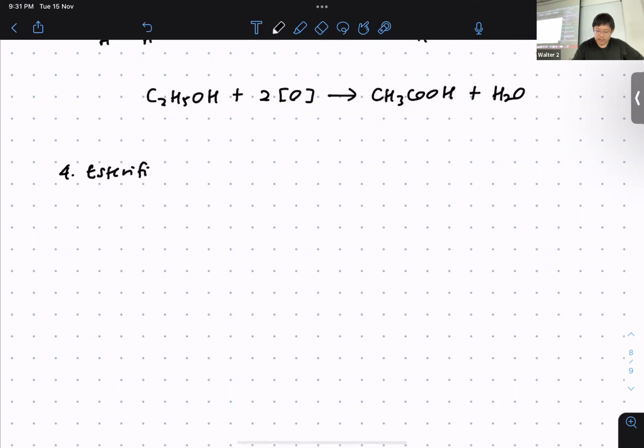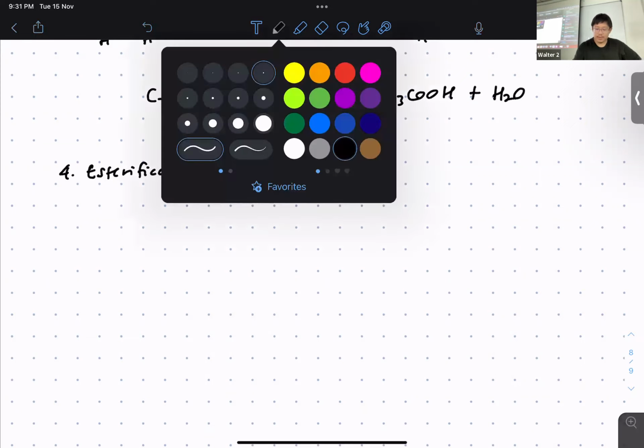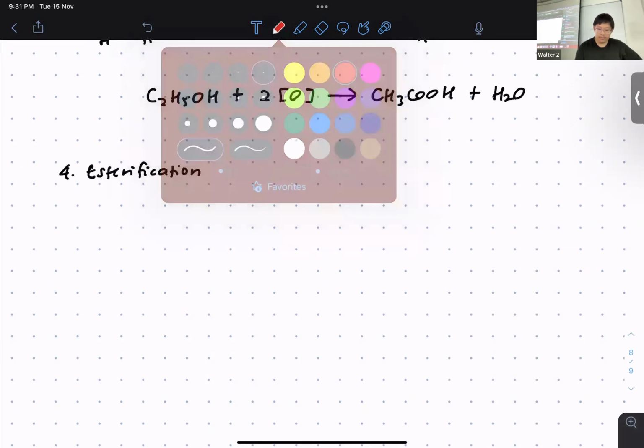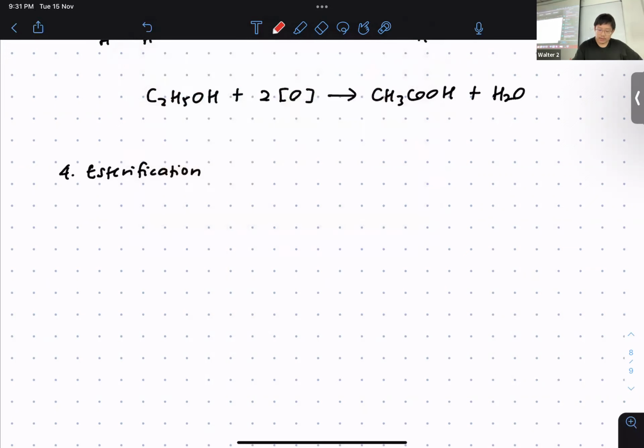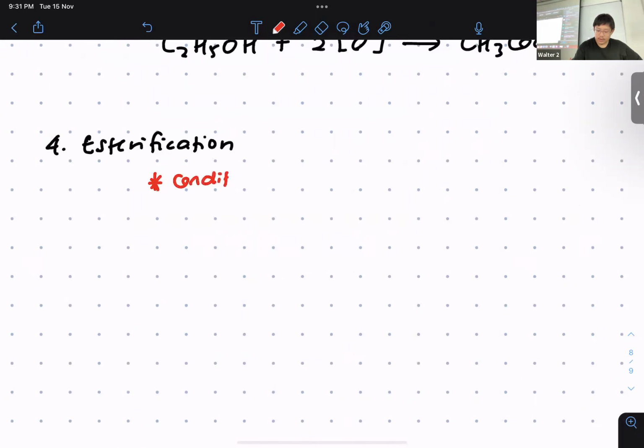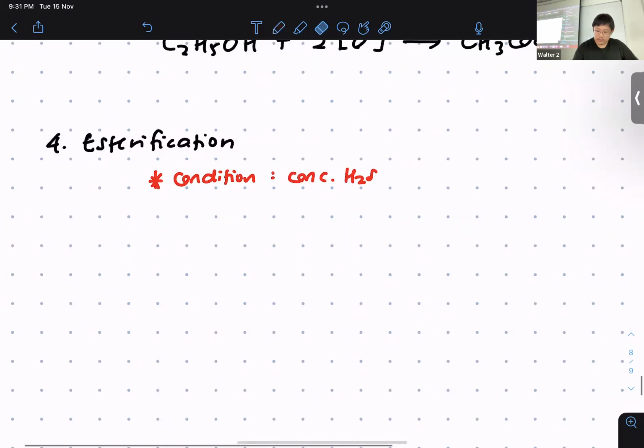So we call it esterification. Esters are sweet smelling compounds, usually used as fragrances or flavoring agents. Of course, you also need some reaction condition over here, which is that you will need to use concentrated sulfuric acid as a catalyst.